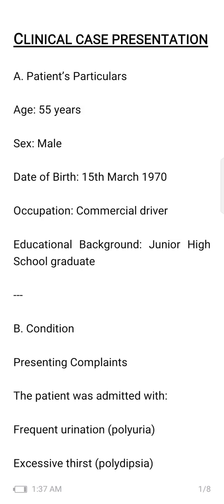You can write a case report without presenting it. But for case presentation, as soon as you write it down, you have to present it orally. So you can use this structure to write your clinical case presentation.